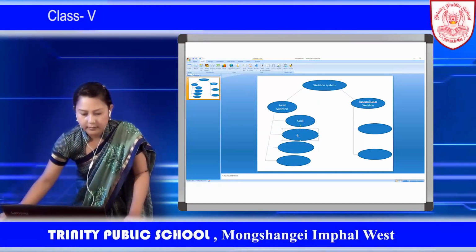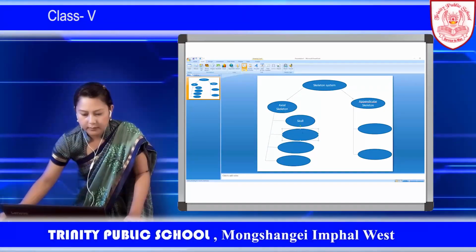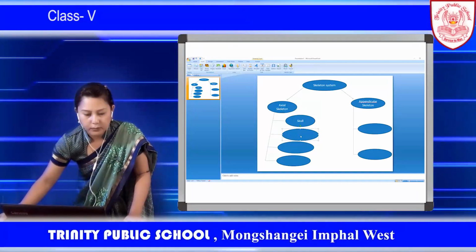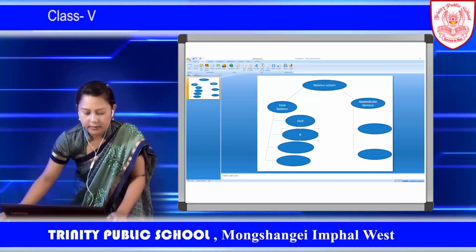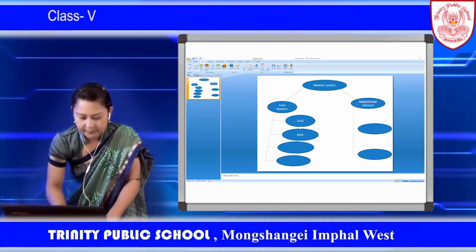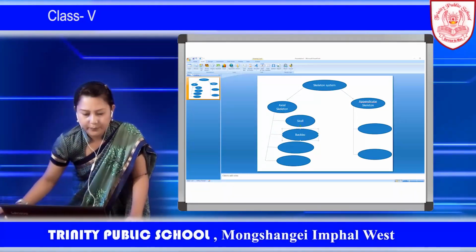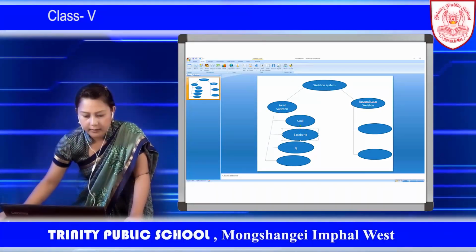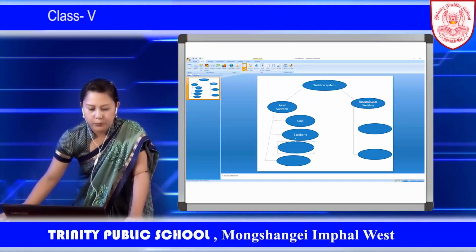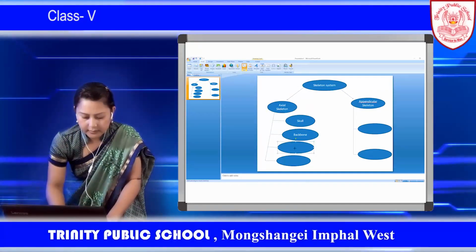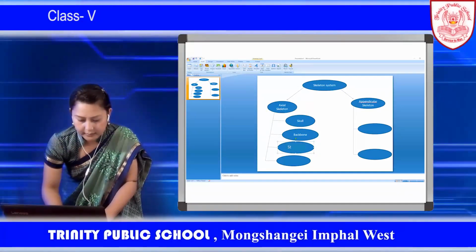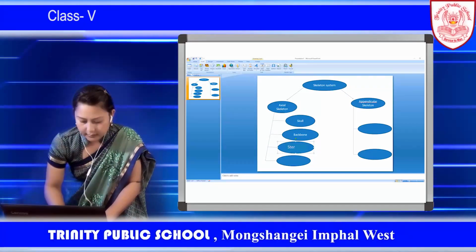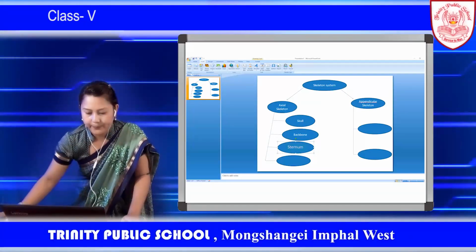Next, the next one is a backbone. And next one is a sternum, S-T-E-R-N-U-M.